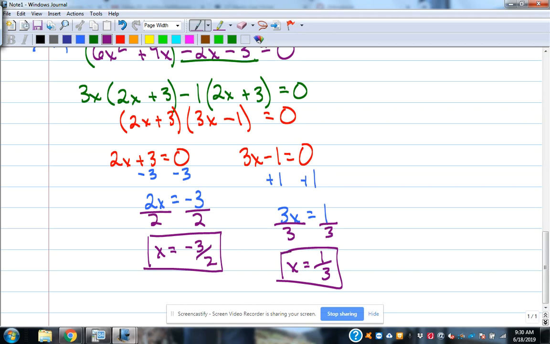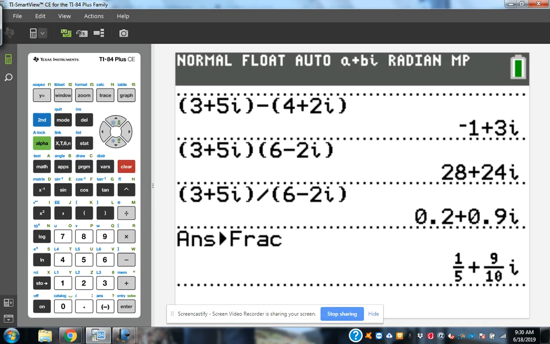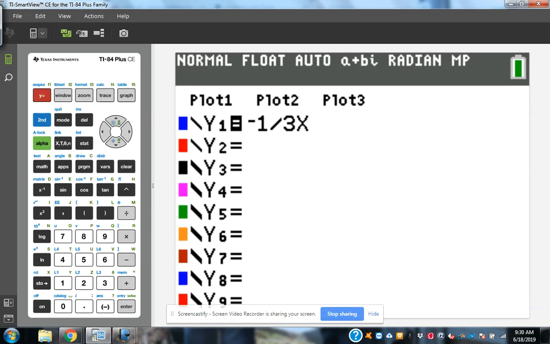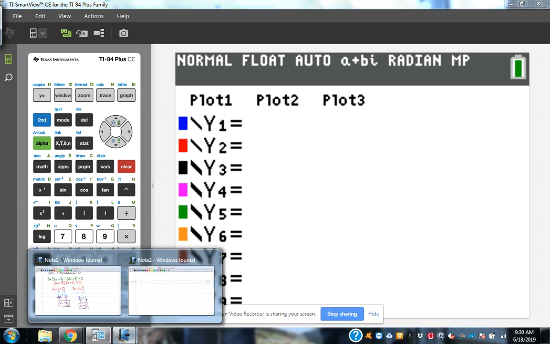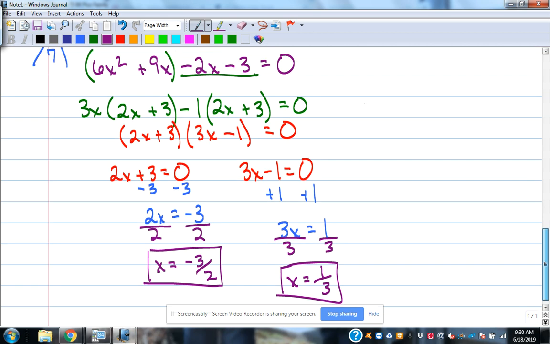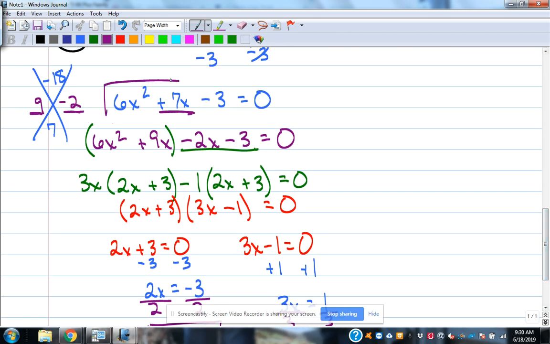I want to show you something with your graphing calculator that can help you see what's really happening, what we're finding here. Okay, so what I'm going to do with the graphing calculator is hit y equals. I'm going to clear out anything that I've got in there. I don't want anything else in there. And I'm going to type in the equation that was equal to 0. So the equation when it was equal to 0 was this one right here.